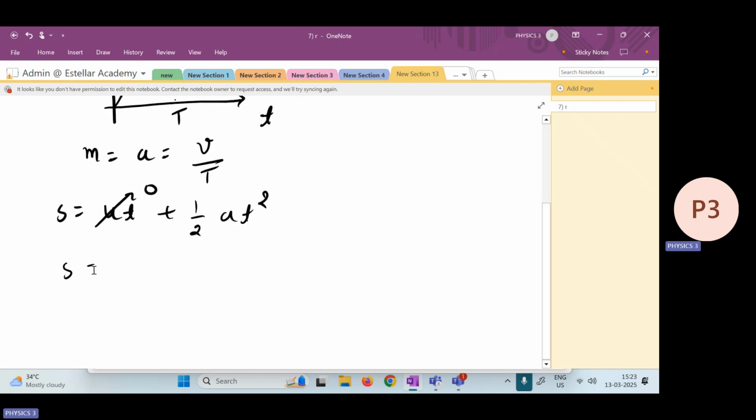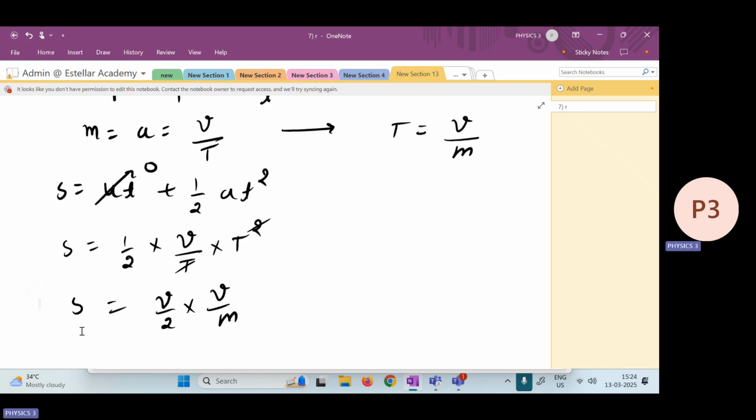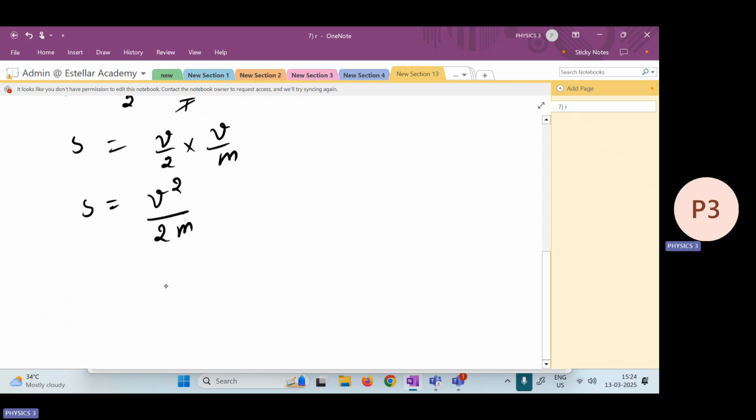In place of acceleration, we can put v by t into t square. Now from here, in place of t, we can put v by m. So v by 2 into v by m. So displacement comes out to be v square by 2m. So D option would be correct answer, right?